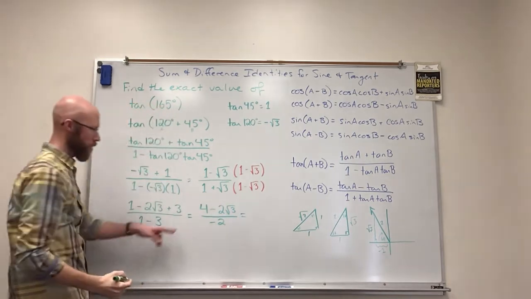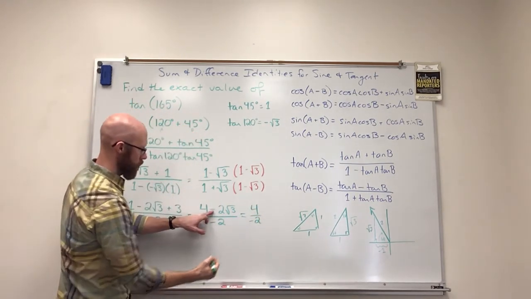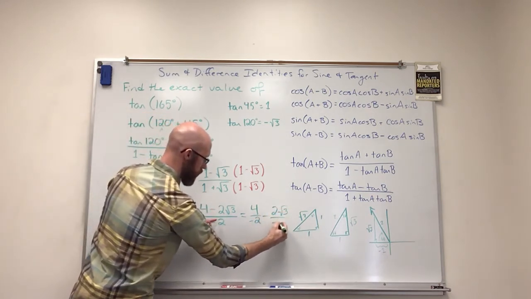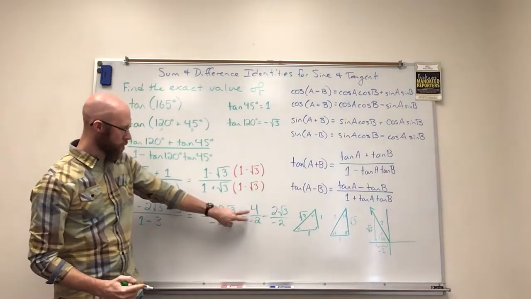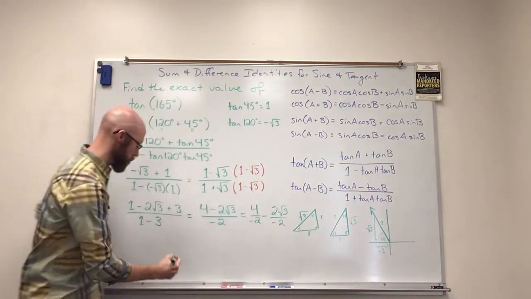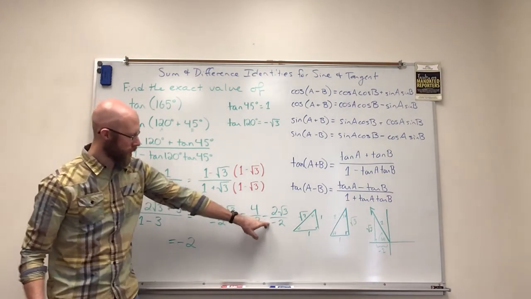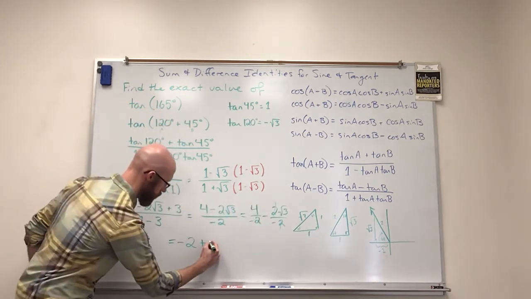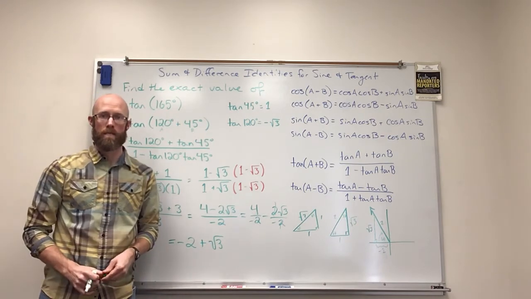It's 4 over negative 2, and then we've got a minus 2 root 3 over negative 2, if I really wanted to split that apart. I can then reduce each fraction. So the 4 over negative 2 is negative 2. Double negative makes for a plus. The 2's cancel here, I just get a root 3. So it's really negative 2 plus root 3.